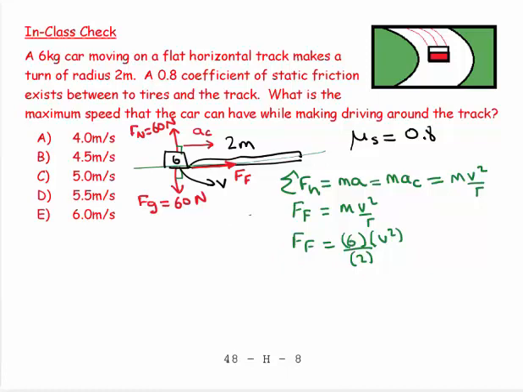I say, well, what do I know that would include Ff? And I say, oh, Ff is less than or equal to mu static times Fn. But here, what is the maximum speed?